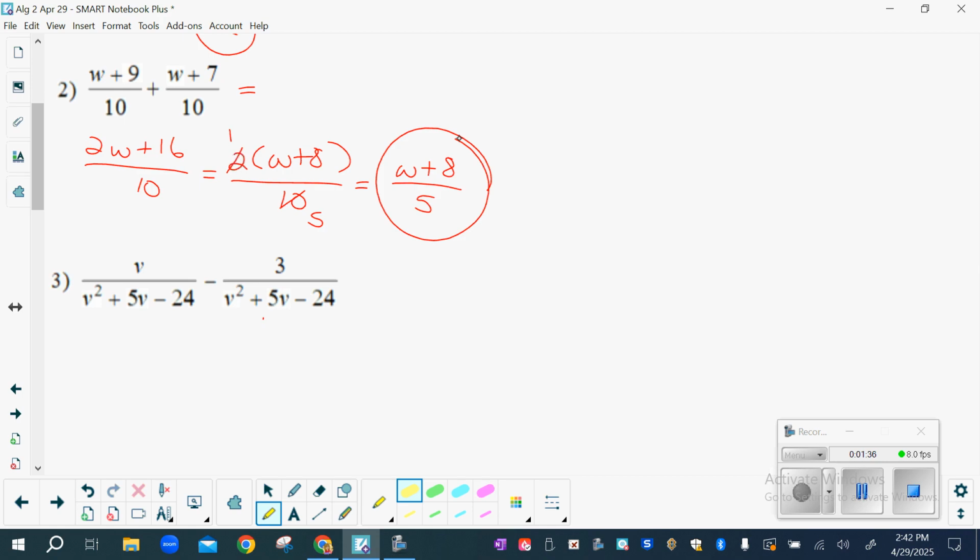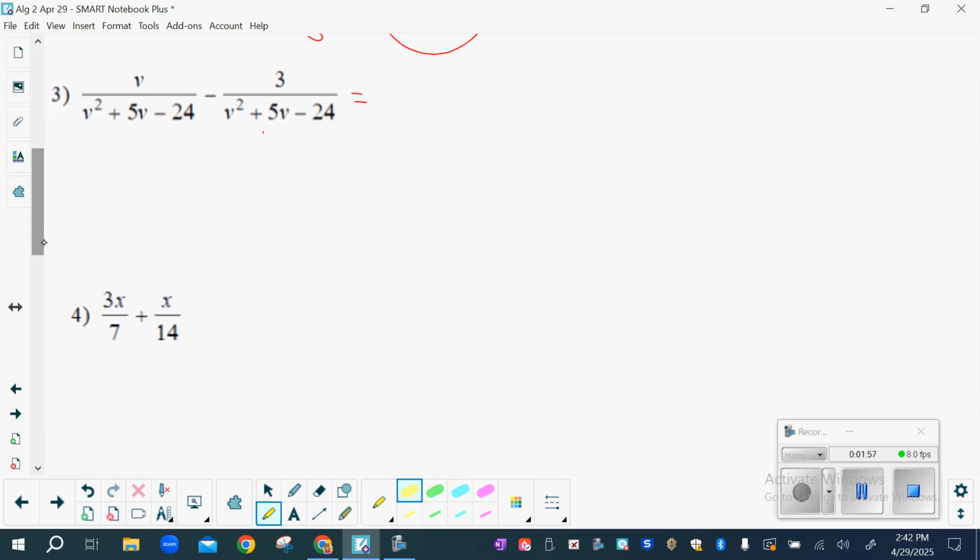Okay, number 3. Let's swing them back. So before we do that, we need to subtract them. So what do we get when we subtract? Because if we were multiplying, then we would factor right away.